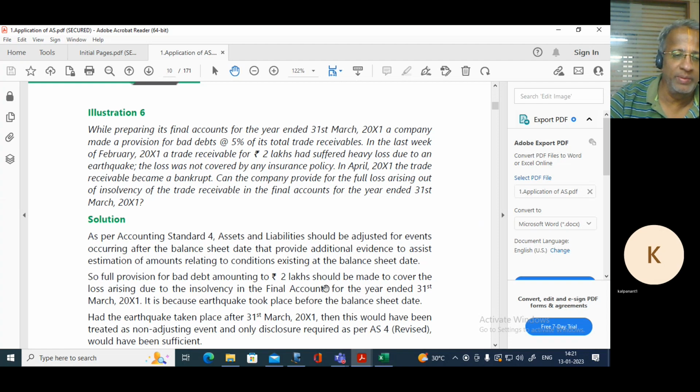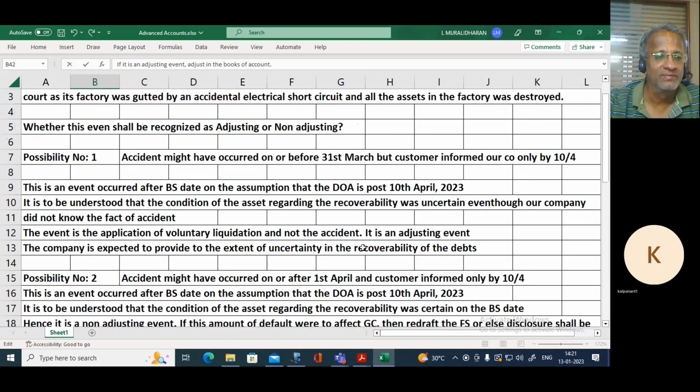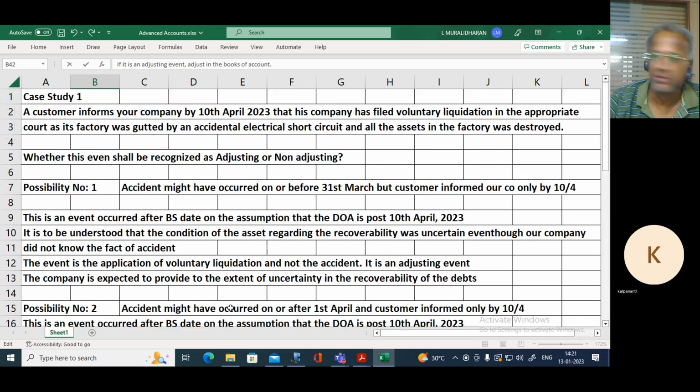Full provision should be made. Say one paragraph they are adding. If earthquake had happened after 31st of March, like how we did, possibility 1 and possibility 2. So here I said short circuit. There they say earthquake. Both are E. Electrical short circuit, there earthquake, also E.